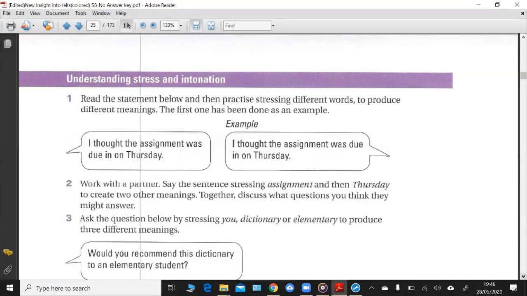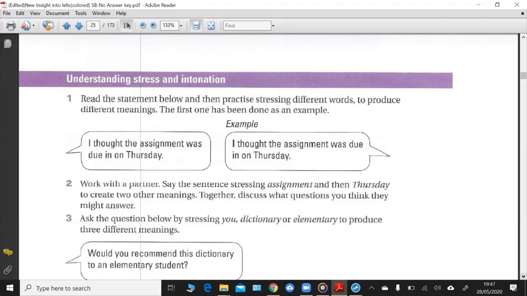Okay. I thought the assignment was due on Thursday. I thought the assignment was due on Thursday. Do you find some kind of different meaning, or is it the same thing? It's different.